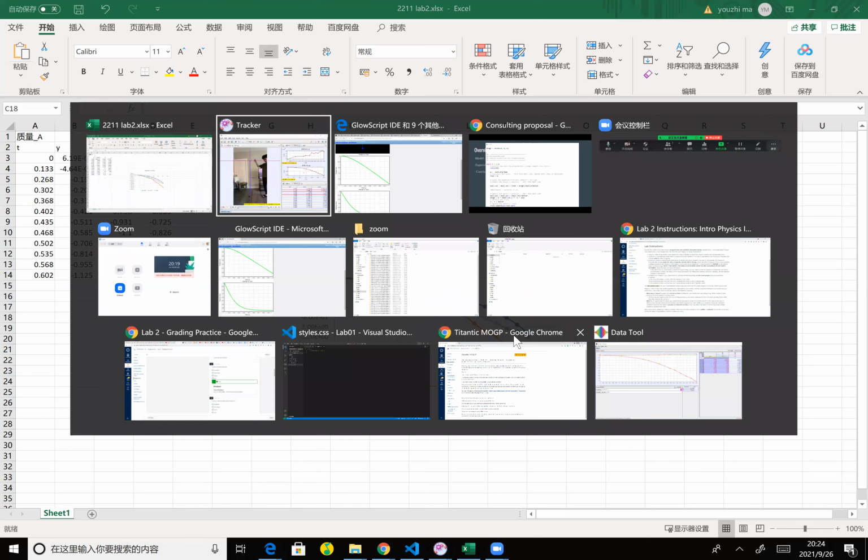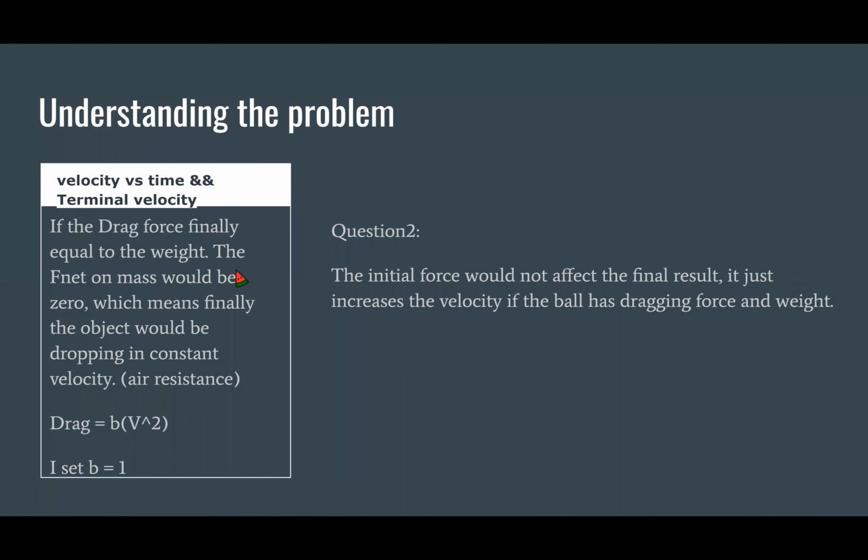And you can now answer the first question, because you can see from the spreadsheet, we have a consistent model from computational model one and the real life experiment, and the object is dropping at constant velocity only if it has a drag force.